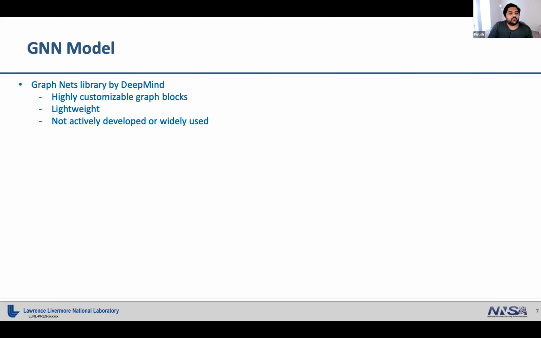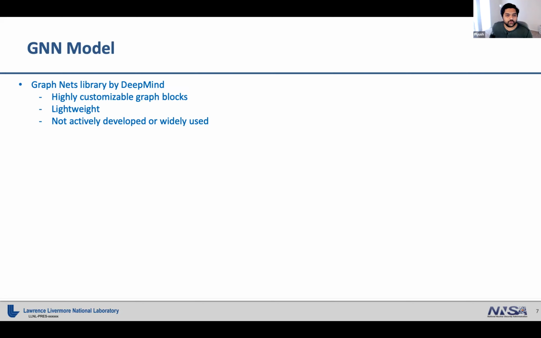But this particular library is highly customizable, it's very lightweight, and it has a very simple implementation of certain graph blocks, which are easy to understand and work with. And at the lowest level, it's written on top of TensorFlow, basically. It was eventually written on top of TensorFlow when DeepMind was bought out by Google.